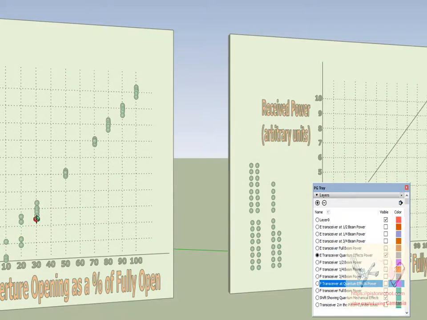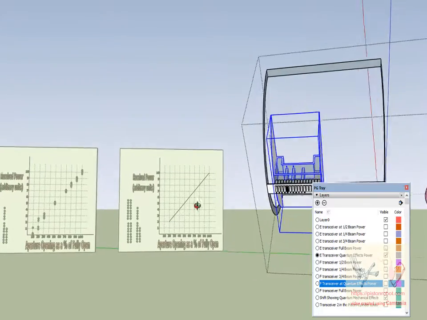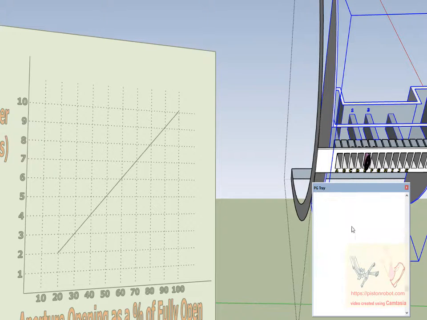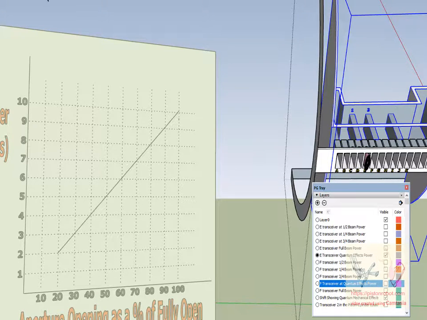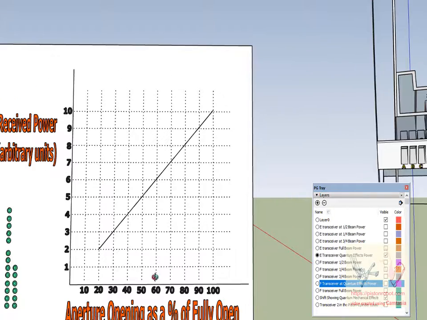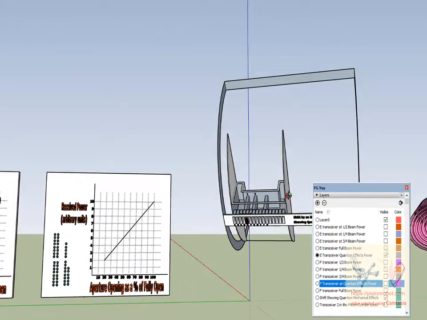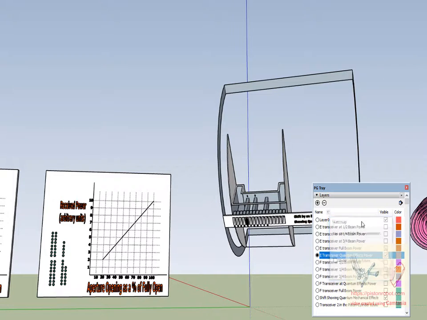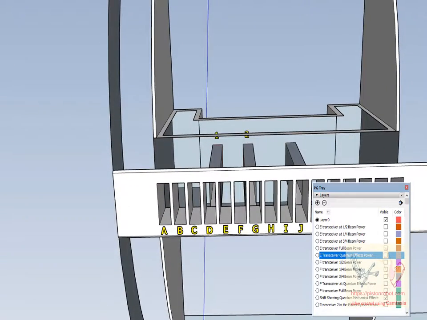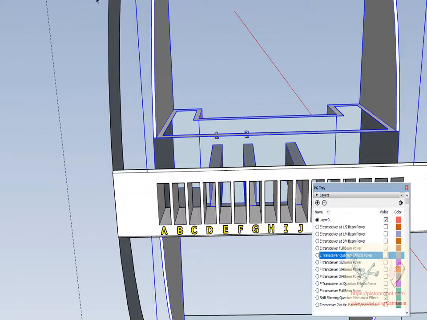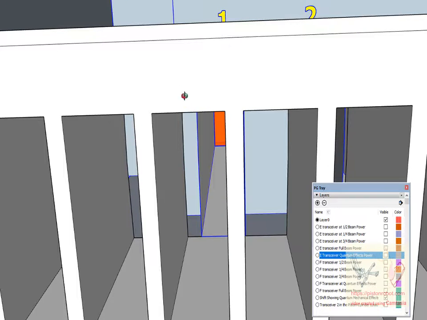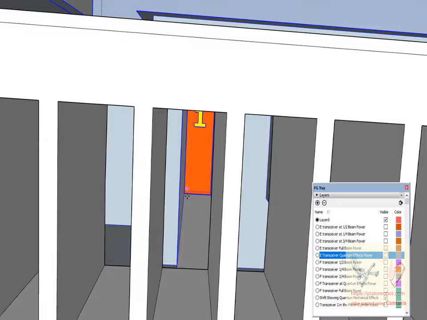And so that is one of the problems that we're going to see with this ratio of power calculation protocol. And we are going to also, before we get into the solution for this, address another issue, which is that if you have simply a aperture opening value of 60%, for example, if you come over here and look at this piston, even if you're in the zone of the piston that we have considered to be an acceptable zone for power value measurements.